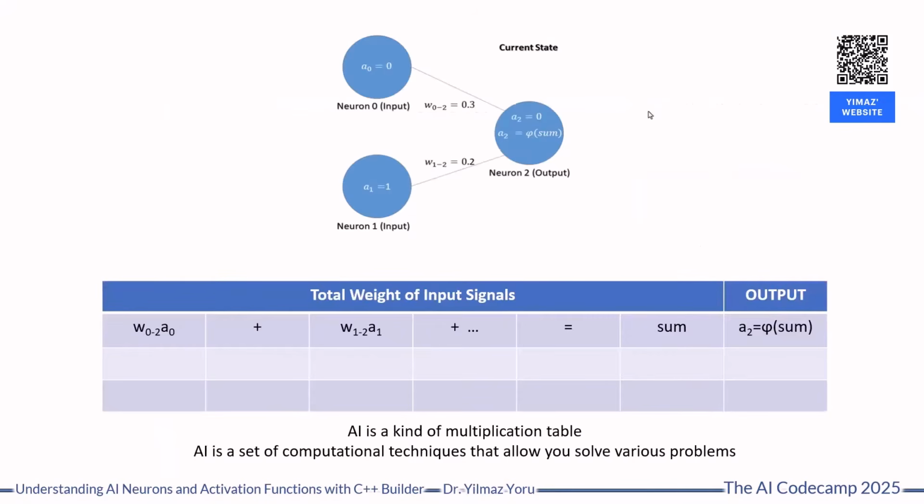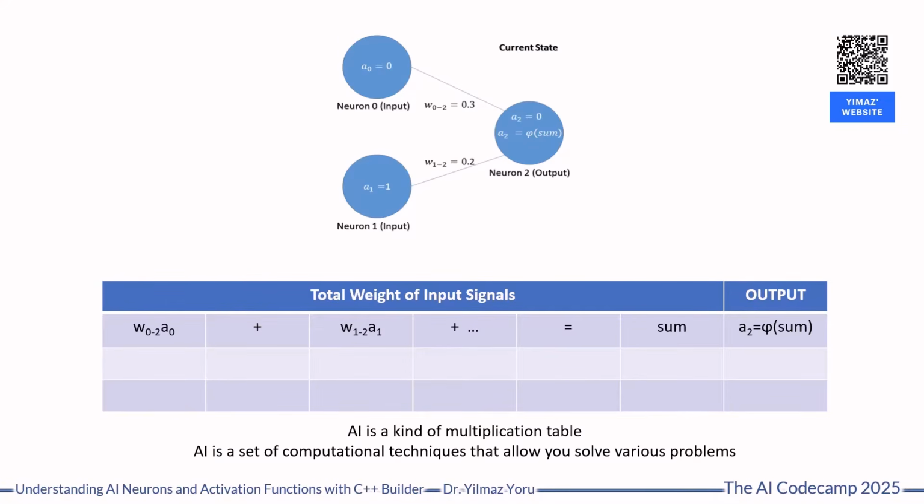Okay. As you see, AI works with neurons, inputs and outputs, and there are weights that we multiply with the input neuron values, and we get an output. We have many neurons, inputs and outputs, so we have many multiplications together.